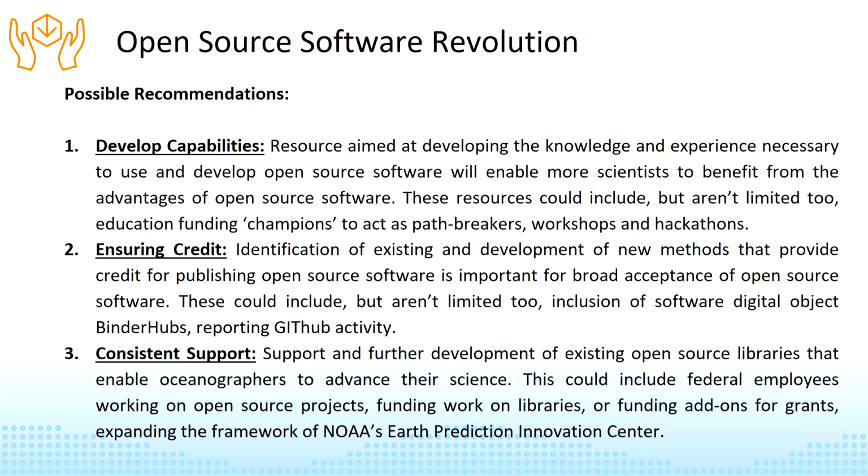These resources could include, but aren't limited to, education, and identifying and funding maybe early adopters or champions. So you train the trainers: you bring together people who are interested in it, train them, and they go out and bring this knowledge to their local communities. Workshops, hackathons. I can say I was at a hackathon two weeks ago, and they're really fun. You learn a lot. And also, one thing that we really need to do is ensure credit.